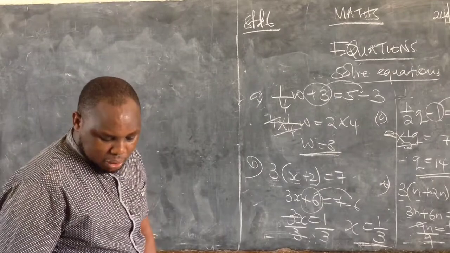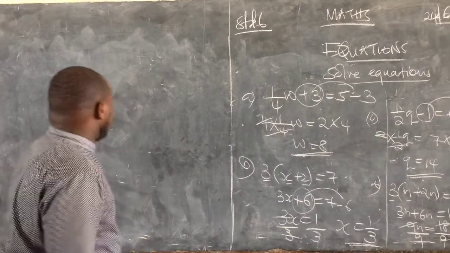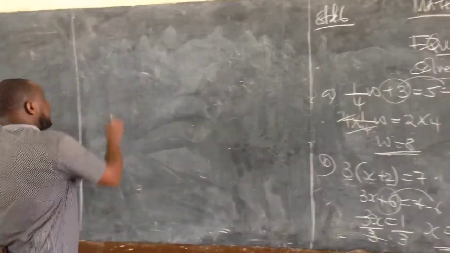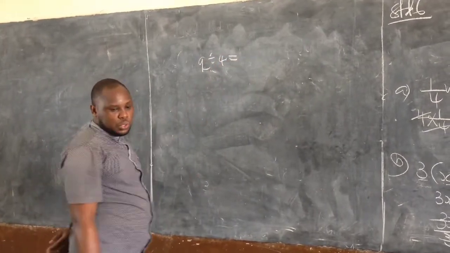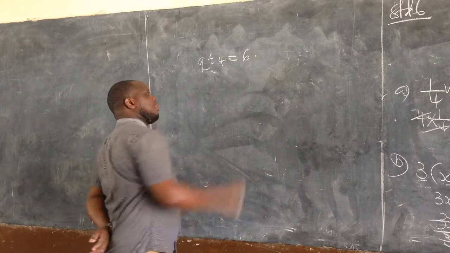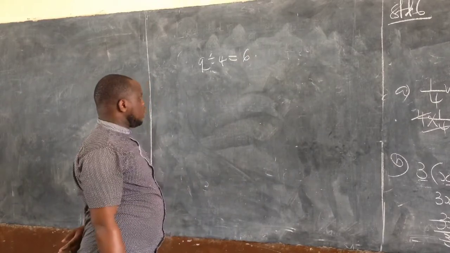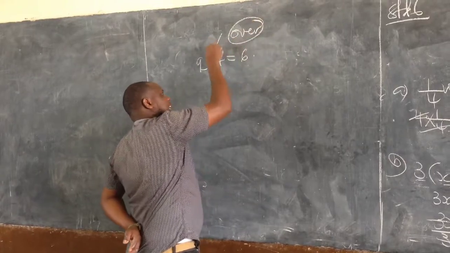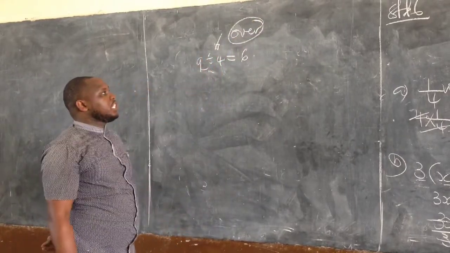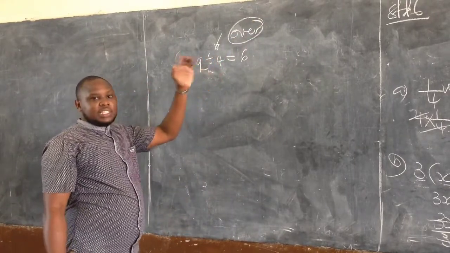You can have more examples. Like can be given q divided by 4 is equivalent to 6. Remember we have done this before, learner. So what are we supposed to do? Remember over. Over comes in here. Whenever we have this kind of division, we write it as something over.